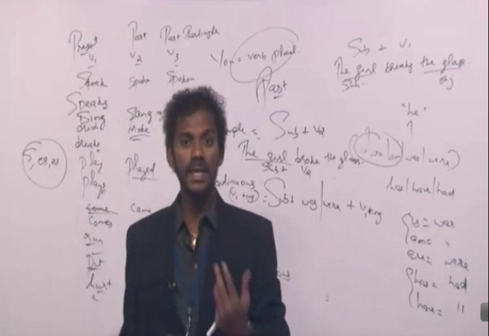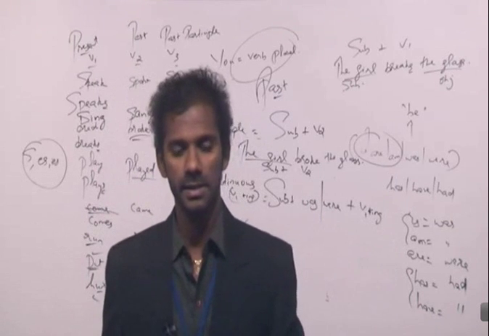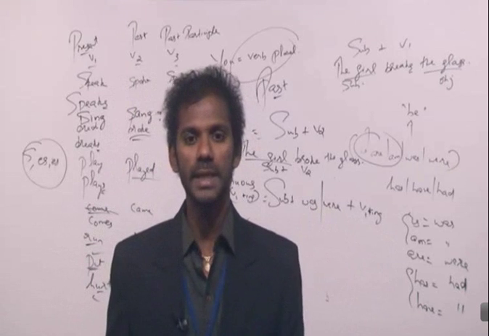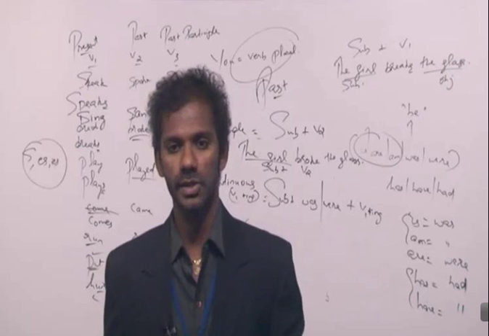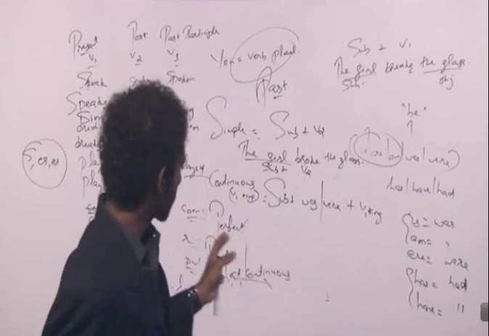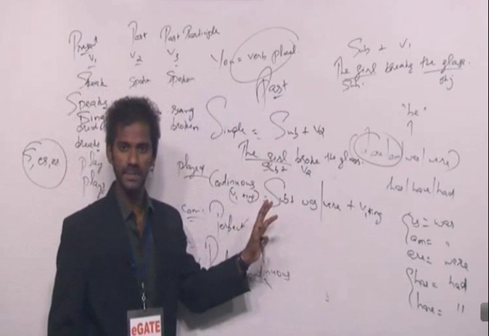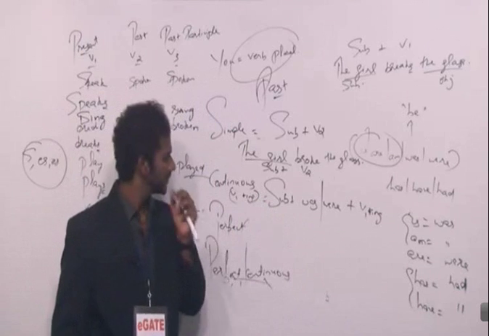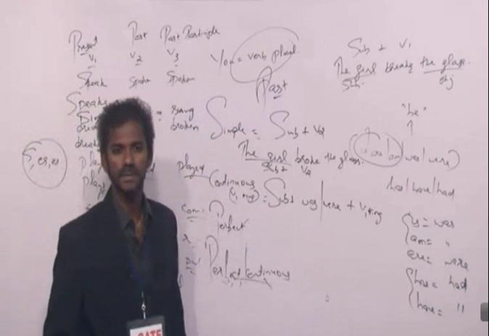Clear? The girls were breaking the glass. I was breaking the glass. You were breaking the glass. Clear? So this is the rule of past continuous tense. Subject plus was or were plus V1 plus ing. Got it? Fine.